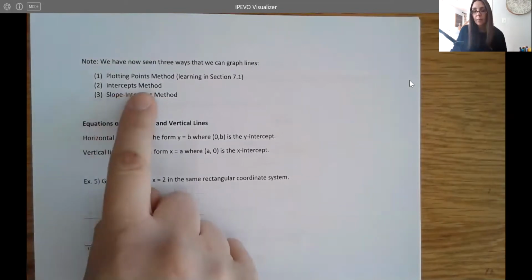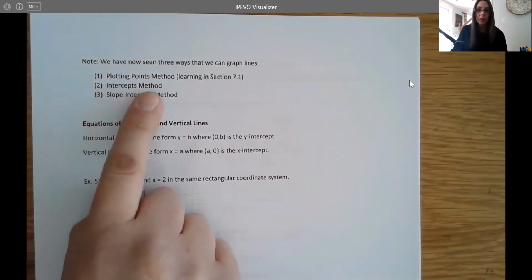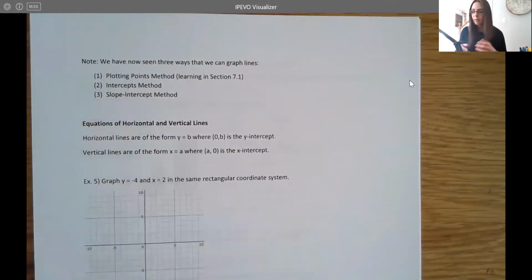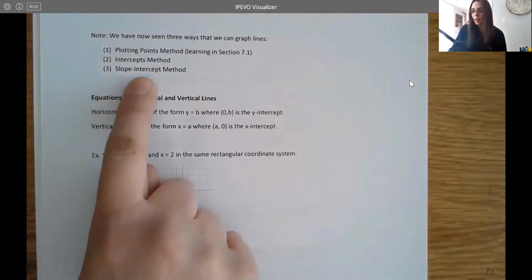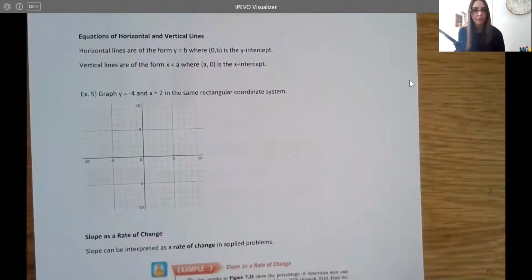Now you can find intercepts on curves as well. You'll need more than just those couple of intercepts though, because curves can have more than one intercept in either direction. But for lines, if you have 2 different intercepts, then that's enough to graph. And then we talked about another method called the slope-intercept method for lines specifically. So that is a way that you can graph with lines.